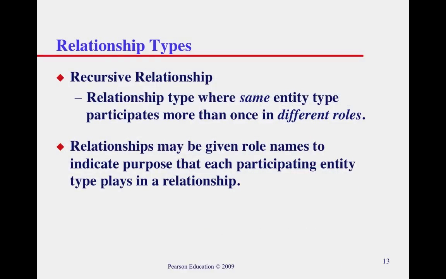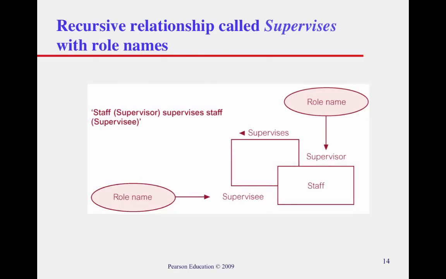So you also can have so-called recursive relationships where the arrow goes back to itself. This is a recursive relationship, so it's a circular arrow. In this case, staff might supervise another staff.